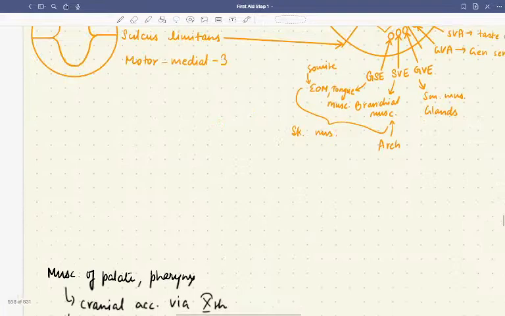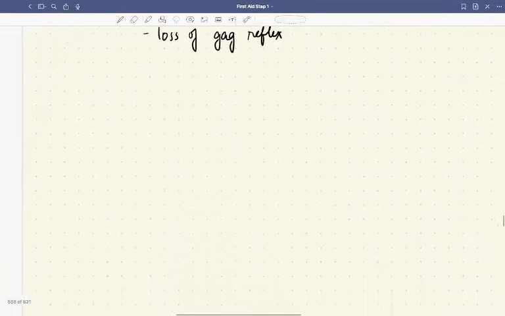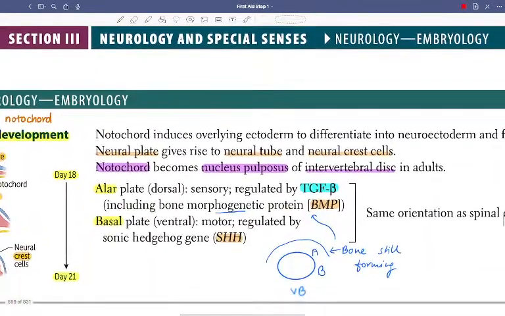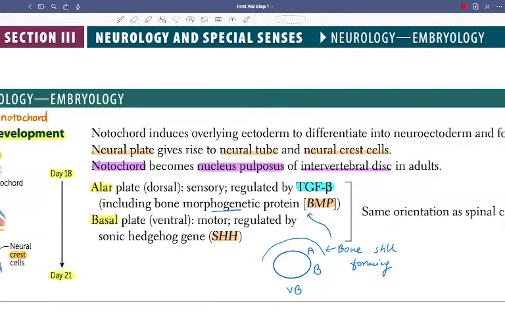Another very important thing: TGF beta has come. Alar plate. Basal is motor, basal is towards the front. So basal is going to be ventral, and this is going to be motor.